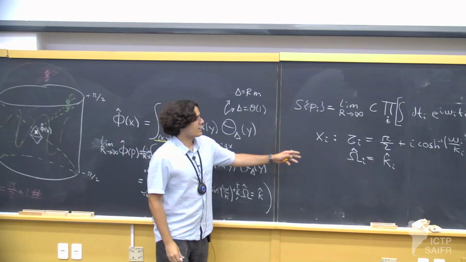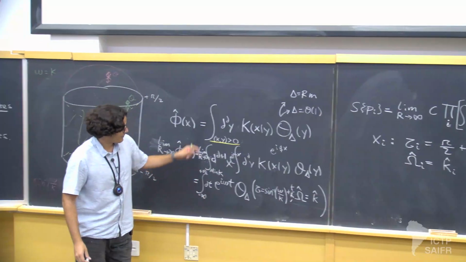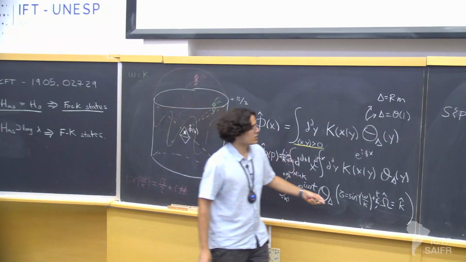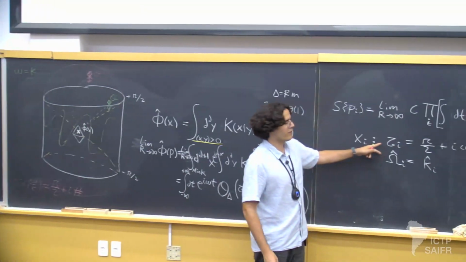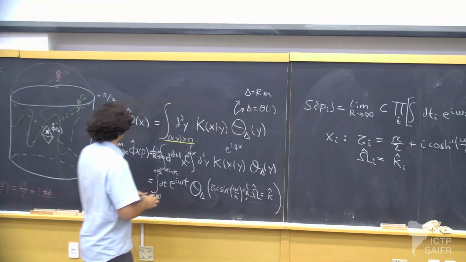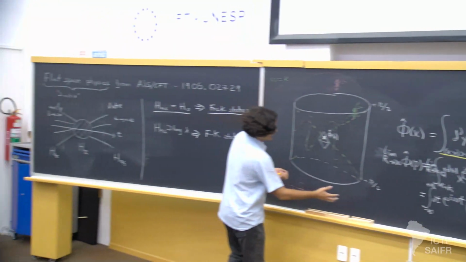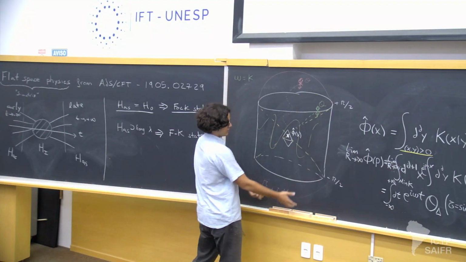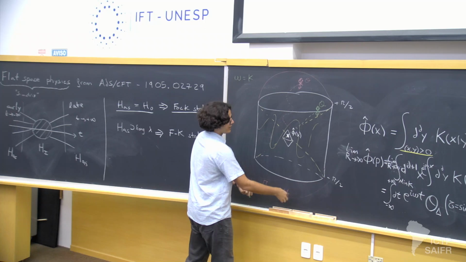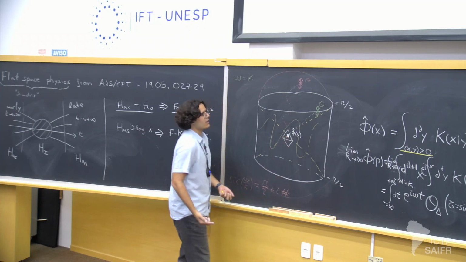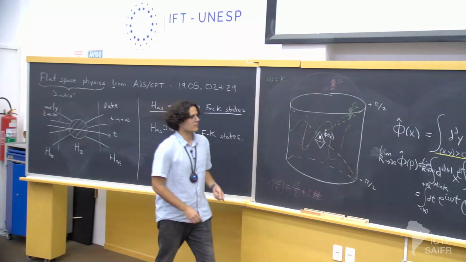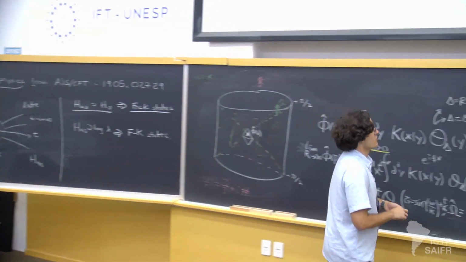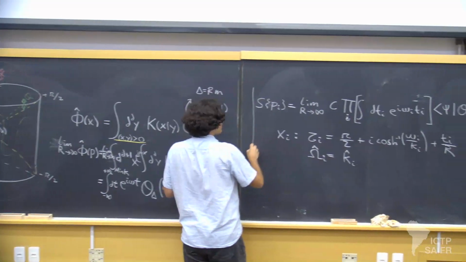Now, when you do this kind of logic, there are two solutions. The one that I'm writing here would be for the out states. But in principle, you could also build in states by placing operators down here at minus pi over 2. So you could attach a Euclidean half sphere here, place an operator somewhere here, and this would turn into an incoming scattering state. Okay, so this is the formula that I wanted to show you.